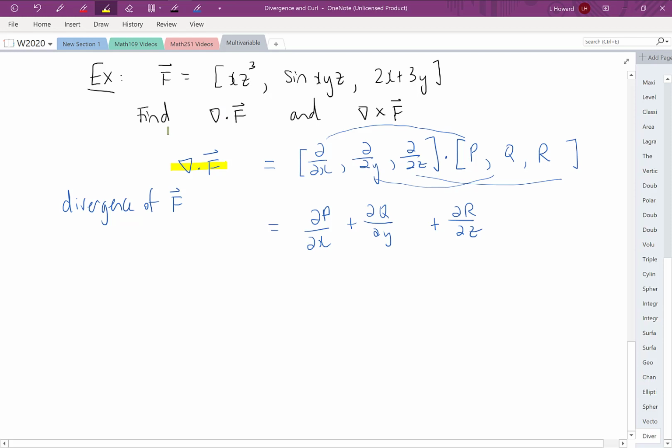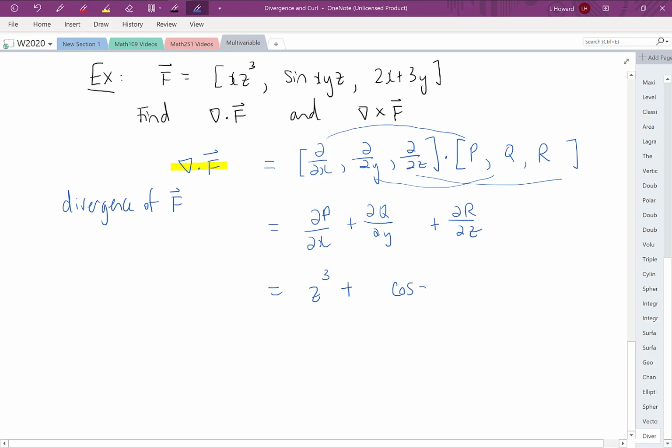So del dot f, think divergence of f. And what that means is just take the appropriate partial derivative of the appropriate component and sum those up. So let's try it. First component, take the partial with respect to x, we'd have z cubed. Second component, take the partial with respect to y. Okay, we're going to have a chain rule. Derivative of sine is cos.